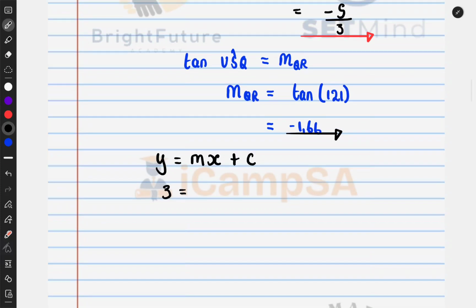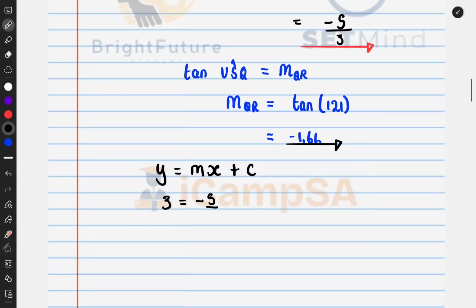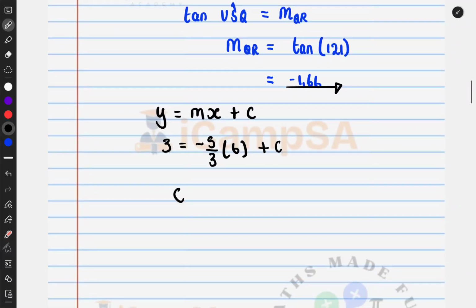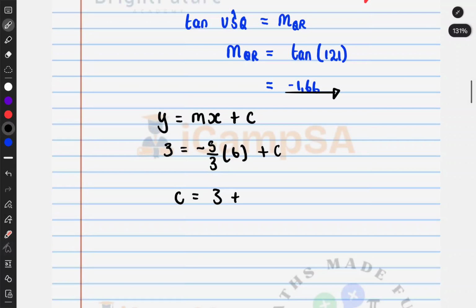3 is equal to the gradient, negative 5/3, times the x coordinate 6, plus c. Therefore our c is going to be 3 plus negative 5/3 times 6, which is negative 5 times 2, which is negative 10, so c equals 3 plus 10, which is 13.